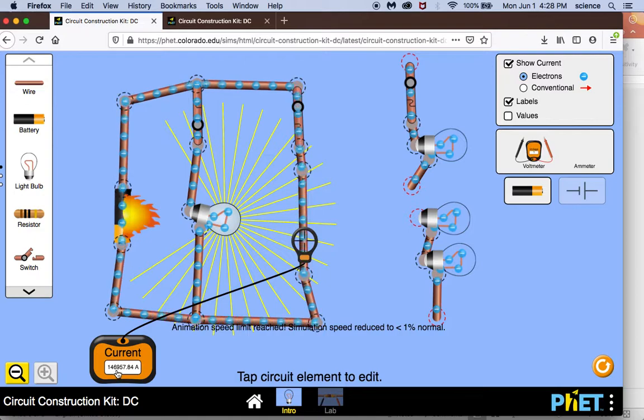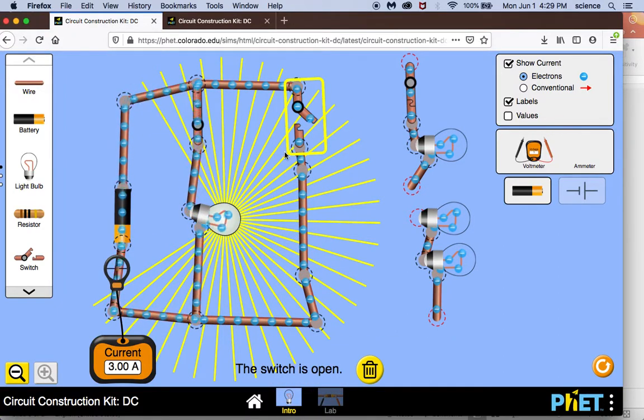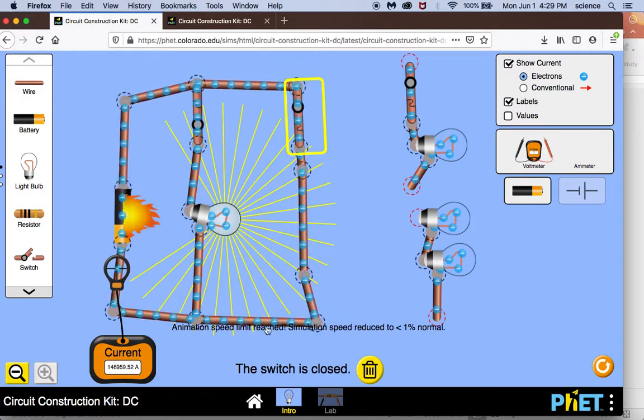It's like 146,000 amps. The middle one is still getting some current. If this was a perfect world, that light bulb actually would just go out. But there must be a little bit of resistance in the wires or something like that. So in general, you can have a short which can cause a fire in that battery because it's trying to draw too much current.